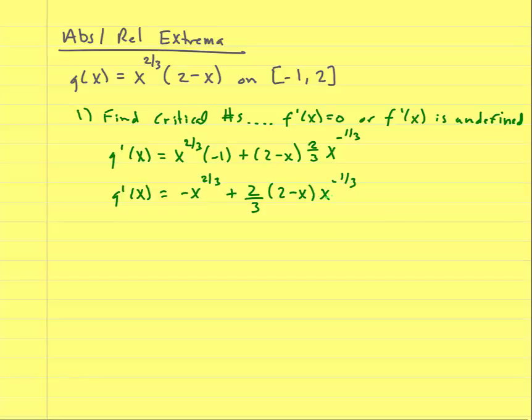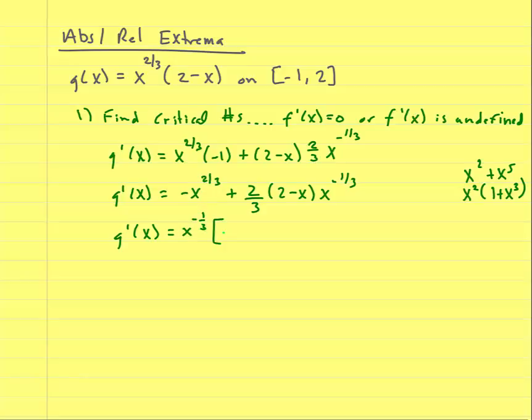Now there's a lot of different ways we could simplify this. We could flip this into the denominator. We could find a common denominator. I'm going to simplify this by factoring. Now remember, when we are factoring, I can only pull out the lowest common value. So if I had x squared plus x to the 5th and I was trying to factor this, I could only pull out an x squared and I'd be left with 1 plus x cubed. So over here my lowest power that's common is x to the -1/3.